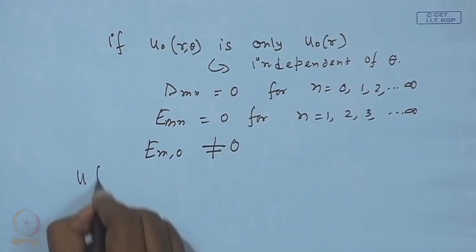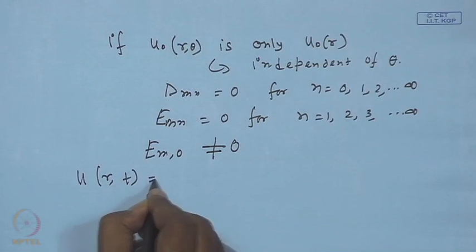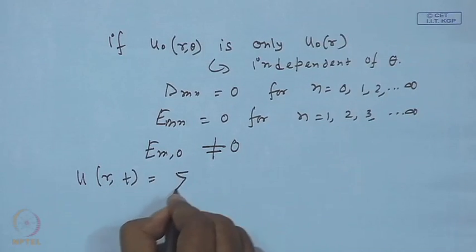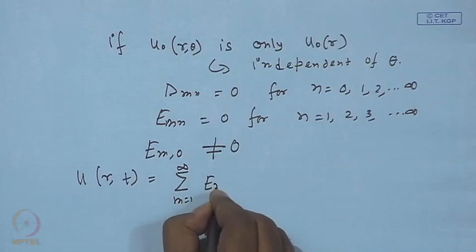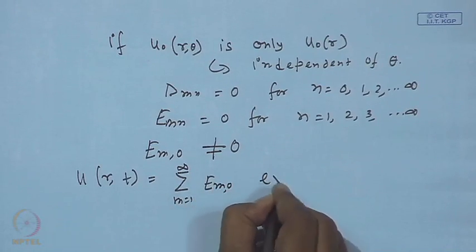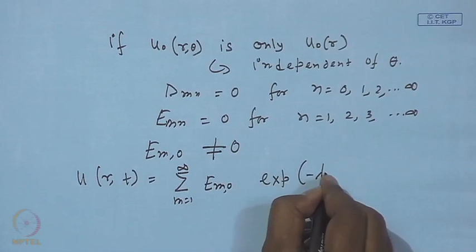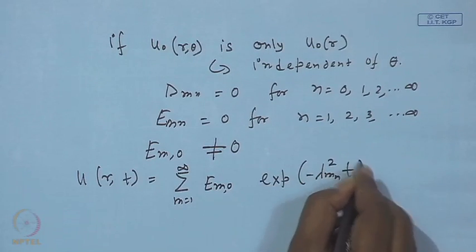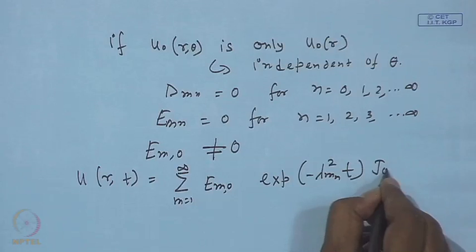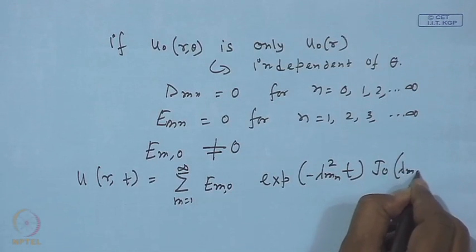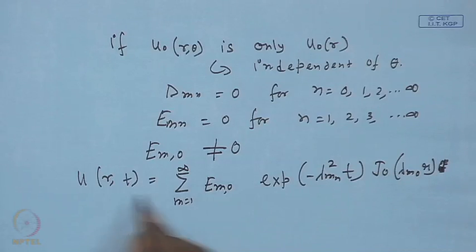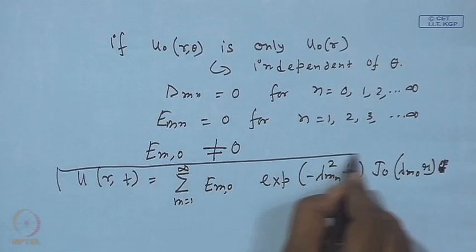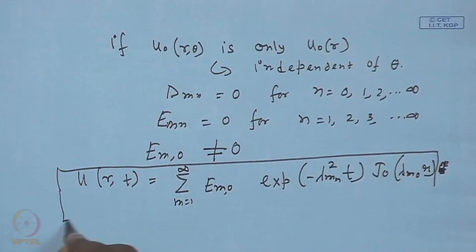The solution boils down to u r t equal to summation m equal to 1 to infinity E_m0 exponential minus lambda_mn square t J_0 lambda_m0 r. That is the solution in this particular case if it is independent of theta.